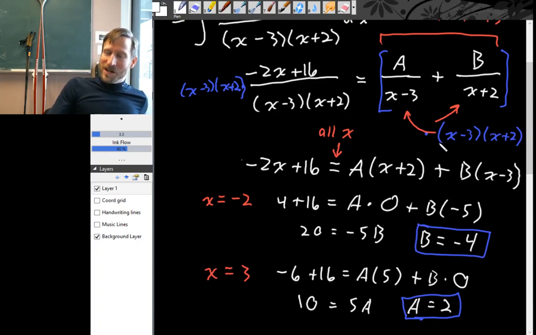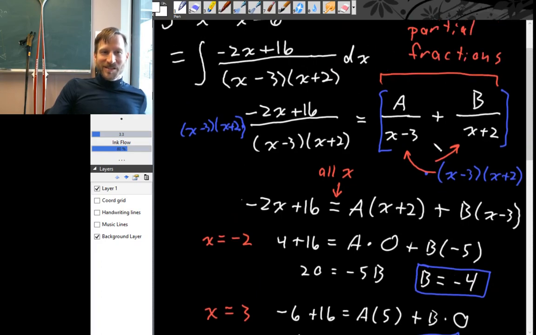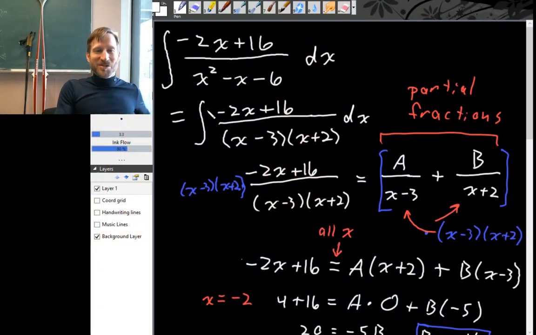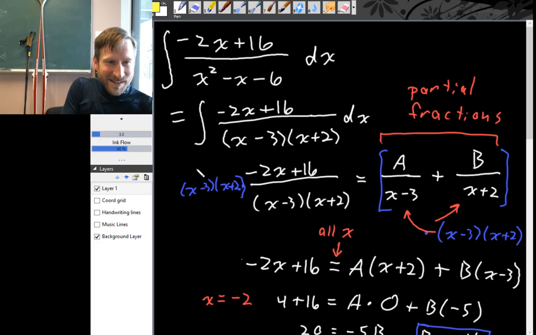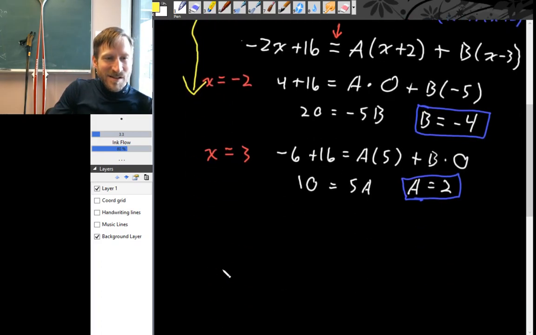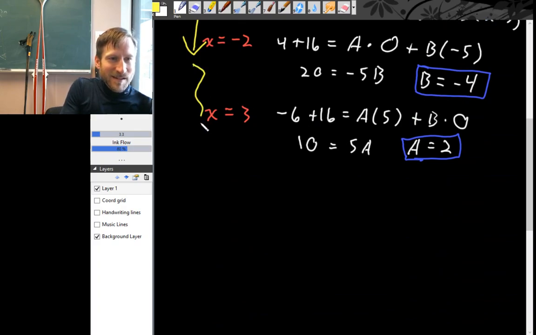Now that we know those numerators, we can finally go back to our integral. Remember, this was all about that integral: the integral of negative 2x plus 16 over x minus 3 times x plus 2 dx. Let's bring it on down. Now we can rewrite this.